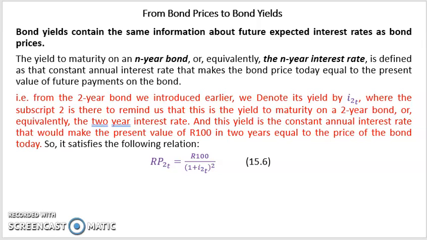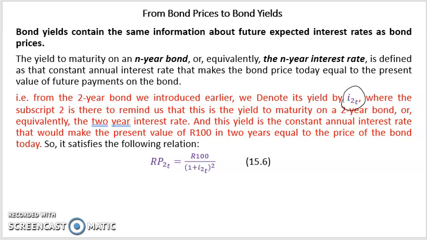This definition is quite simpler than it actually sounds. Take, for example, the 2-year bond we introduced earlier. Denote its yield by i2, as shown here, or i2t, where the subscript 2 is there to remind us that this is the yield to maturity on a 2-year bond, or equivalently the 2-year interest rate.